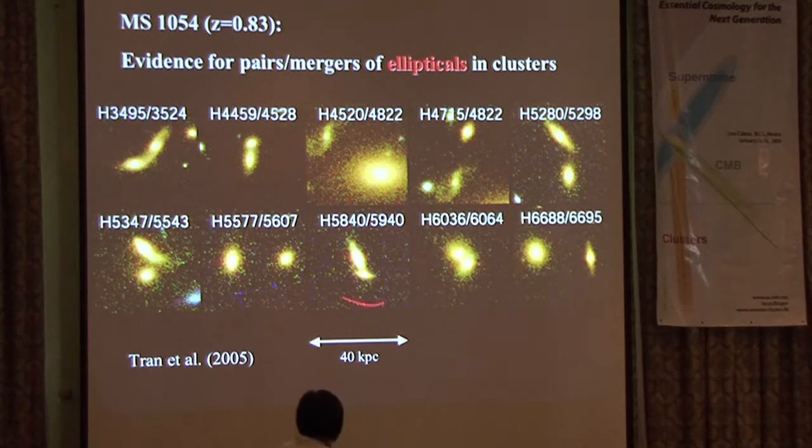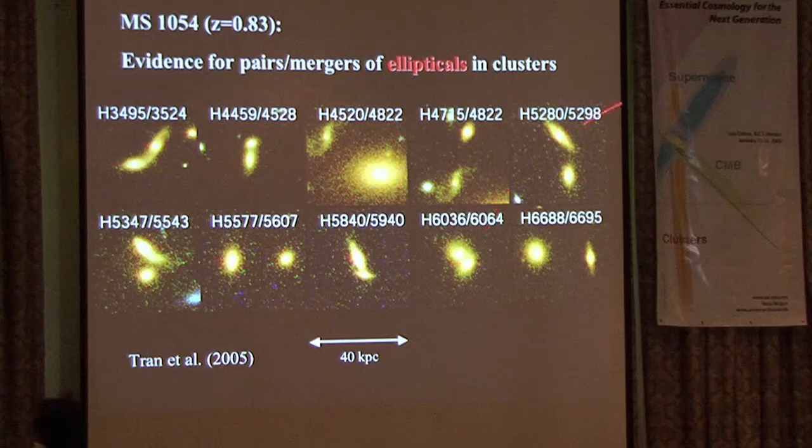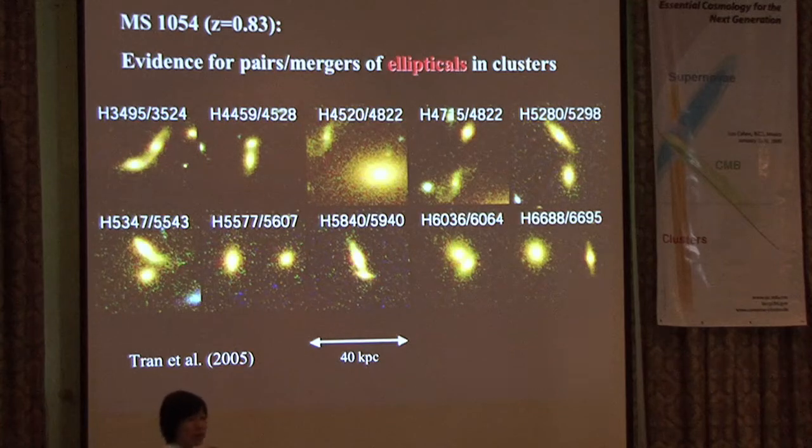And here is an example of a rich cluster at redshift 0.83. And here are HST images of pairs of red galaxies by Tran and van Dokkum et al. And the separation here is 40 kiloparsec. So we are probably witnessing, some could be chance pairs, although these authors have studied the velocity offsets, and they think these are candidates for either future mergers or maybe mergers in process.